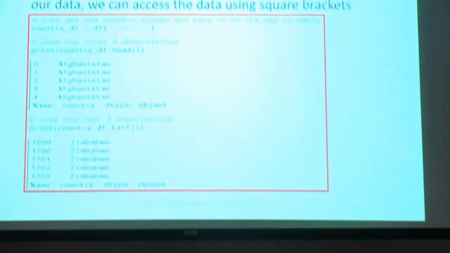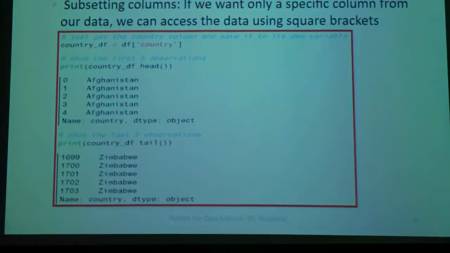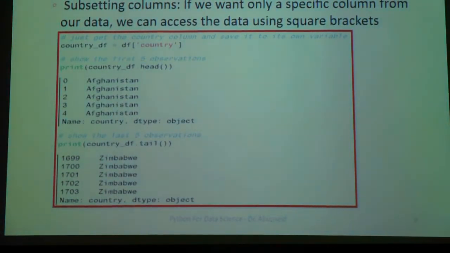So, subsetting columns. If we want only a specific column from our data, all right, we can access the data using the square brackets. As you see in here, df, and we use country.